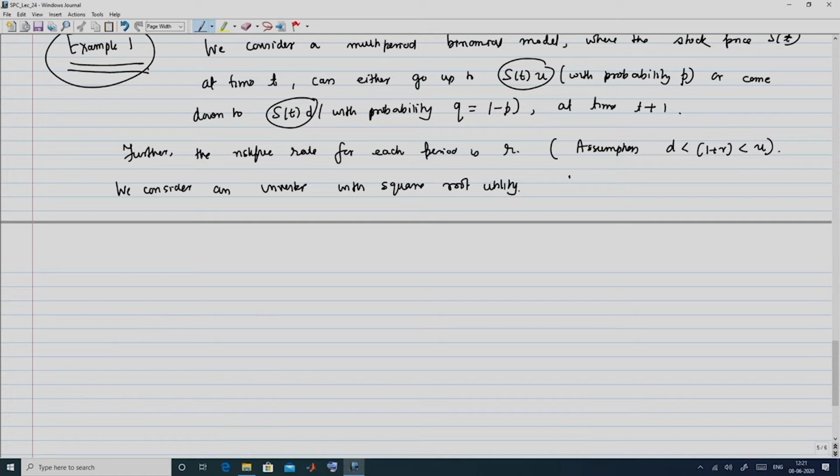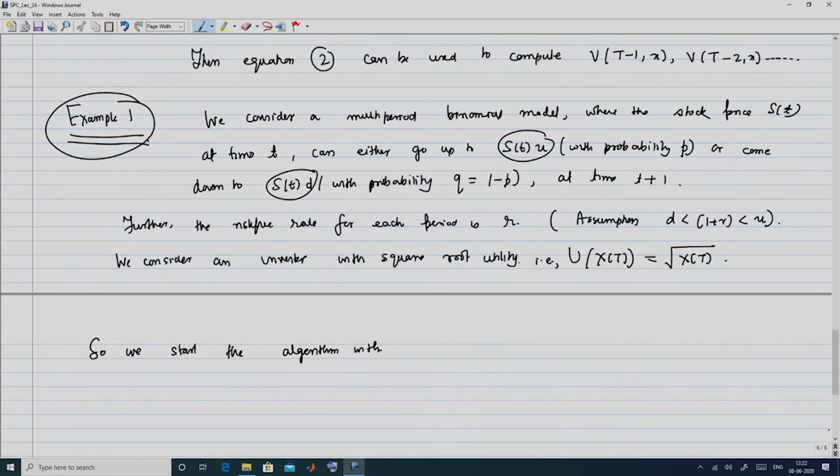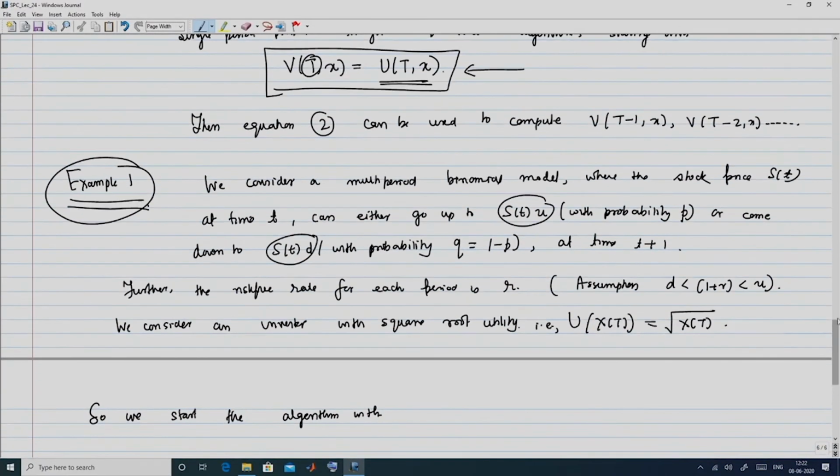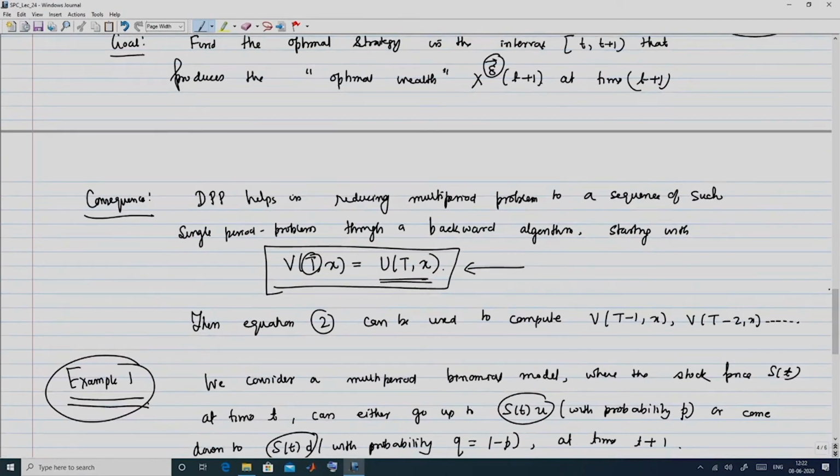That means the terminal utility is going to be u of x of capital T equal to the square root of x of capital T. So, we start the DPP algorithm with, remember the assumption, V of T, x equal to u of T, x.